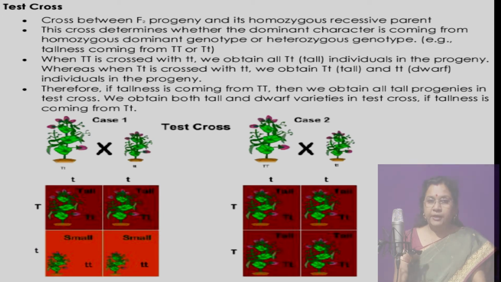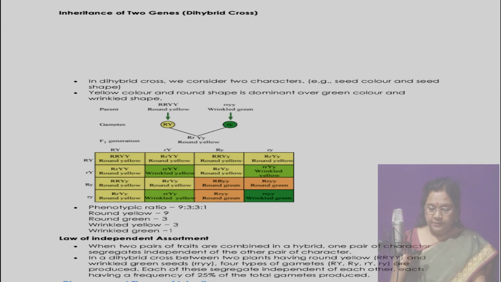Mendel's next law, the law of independent assortment, he explained that when two traits are taken together and a cross is made, suppose round yellow seeds are crossed with wrinkled green seeds, in the first generation all the seeds obtained are round yellow.